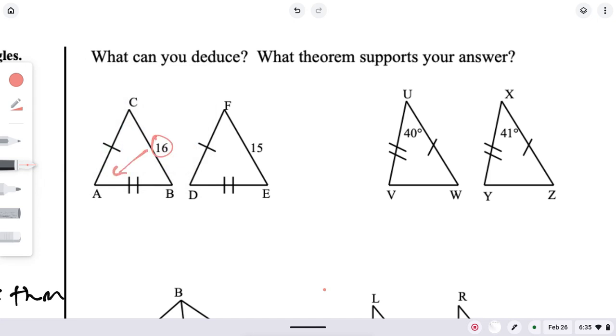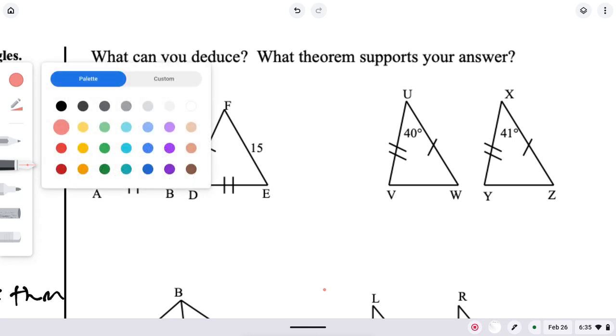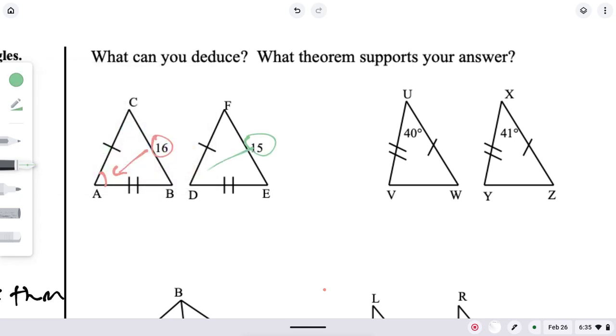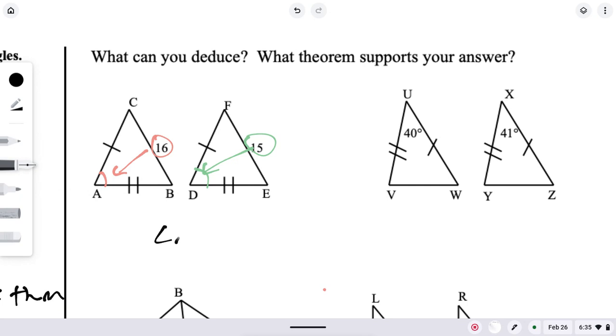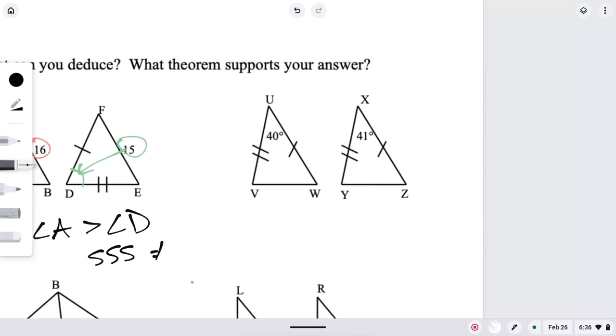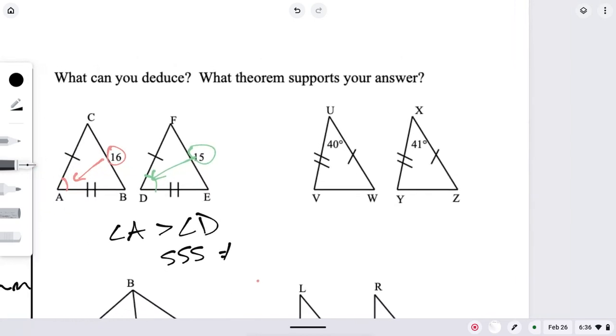So this angle opposite of that 16, angle A, would have to be bigger than angle D. That's all I'm going to say for what I can deduce. Angle A is bigger than angle D. And since I had sides first, this is going to be side, side, side inequality. Sometimes you don't really have to write that theorem.